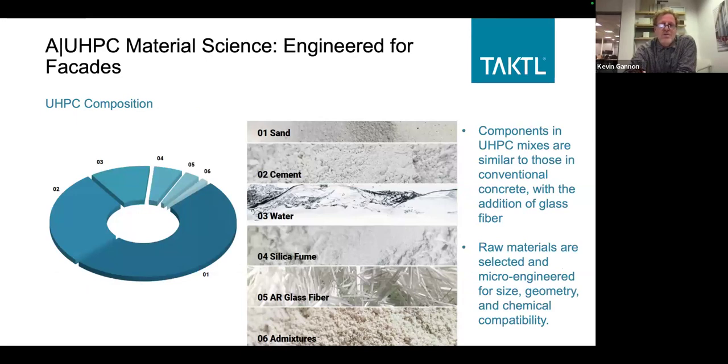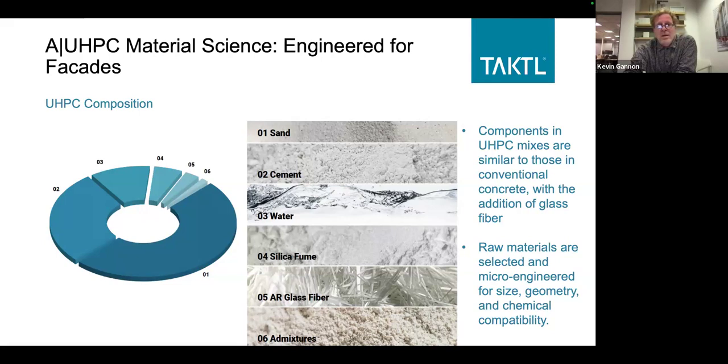It's all things everybody would normally recognize in a concrete mix. It's just the calibration of that material and the processes to mix it and the processes to pour it and the process to cure it that gives it some outstanding physical properties, such as conventional concrete, maybe 4,500 PSI.